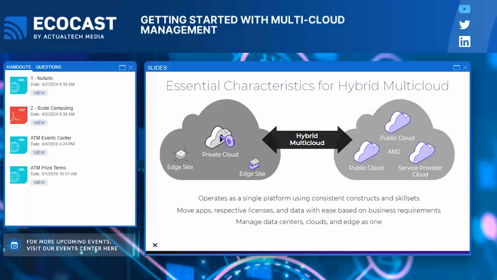And that's what we suggest to customers: start to look at how your operation is running on-premise behind a private cloud and how you can duplicate and replicate that and extend it up into a public cloud and/or a service provider cloud. So you need to think about it as one single platform that uses the consistency of the same constructs, the same services, and most importantly, the same skill sets, so you don't have a cloud architect managing each individual cloud.